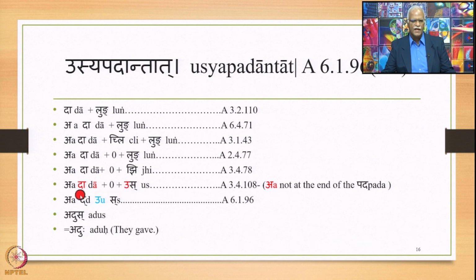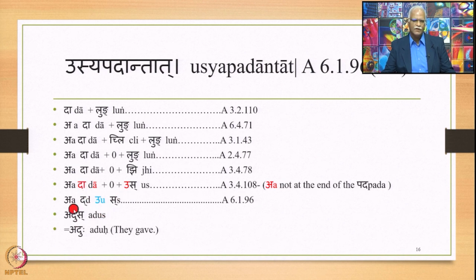Now here we notice that this a, which is the long variety of a, is not appearing at the end of a pada. It is very much inside within a pada, followed by the suffix us. And so now this has scope of application for 6196. And so now in place of this a and this u, pararupa sandhi takes place, and u as one substitute replaces both of them, a and u.